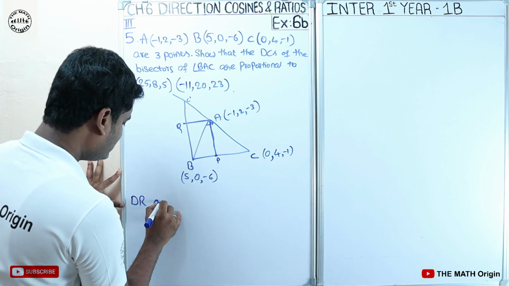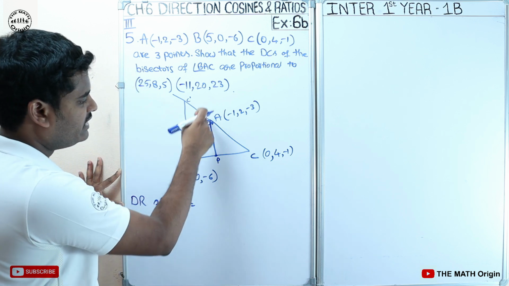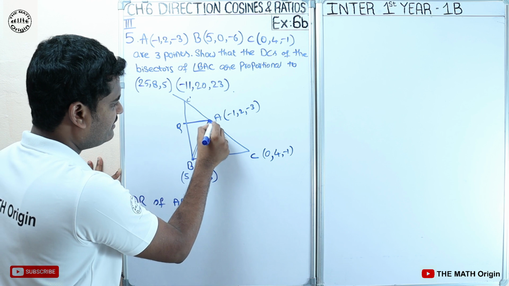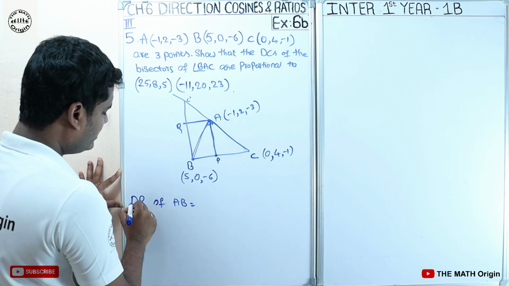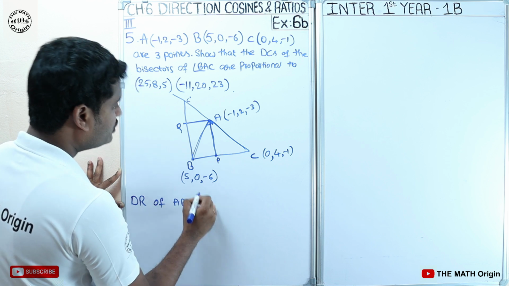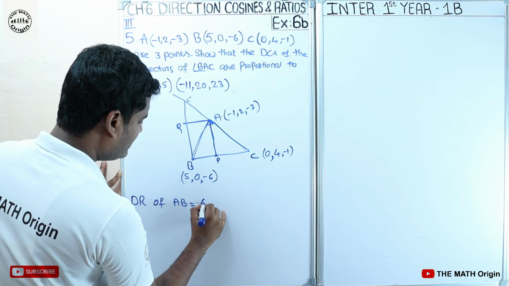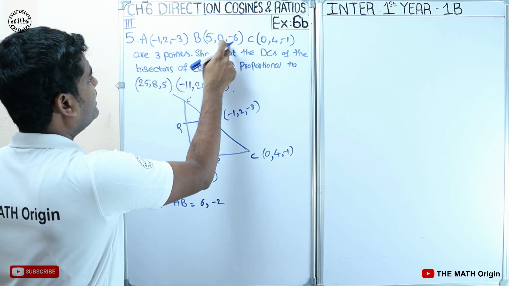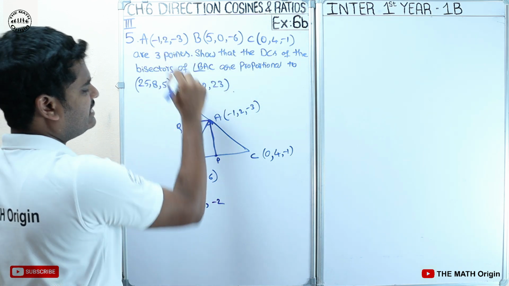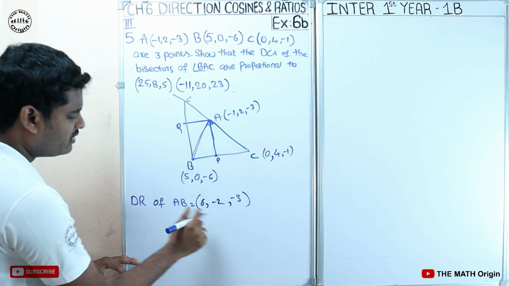Direction ratio of AB: we need to find the direction ratio of each line AB and AC, because we need to find the bisector at A. Direction ratio of AB is x2 minus x1: 5 minus (-1) is 6, 0 minus 2 is -2, and -6 plus 3 is -3. Now we got the direction ratio.